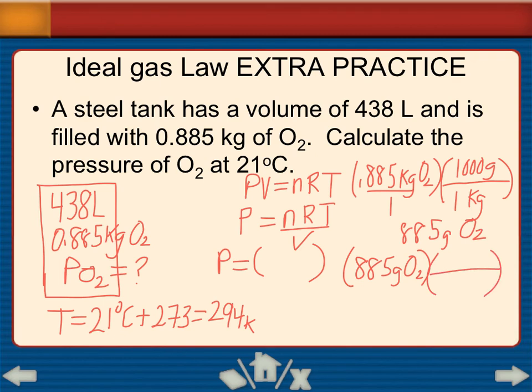So we know O2 is a diatomic, 32.00 grams per mole of O2 gas. That gives us a value of 27.66 moles of O2. And now we've actually run out of room, but you need to substitute everything in.